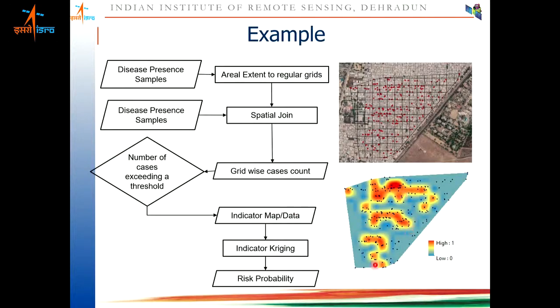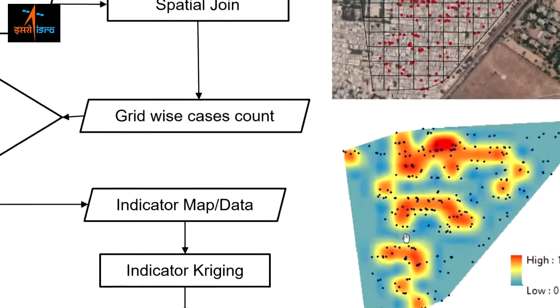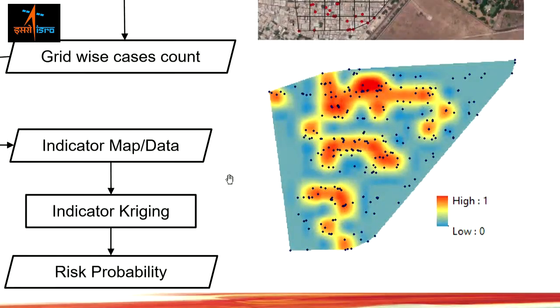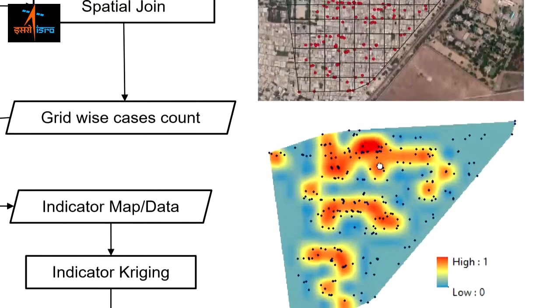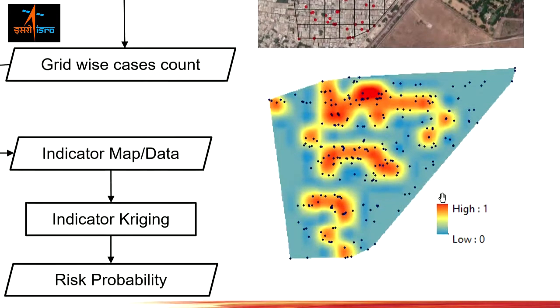And now we will see this indicator kriging output. Here you can see points are clustered, and wherever more patients are present, that area is marked as an area with high probability, and wherever points are scattered, it is marked with lesser probability.